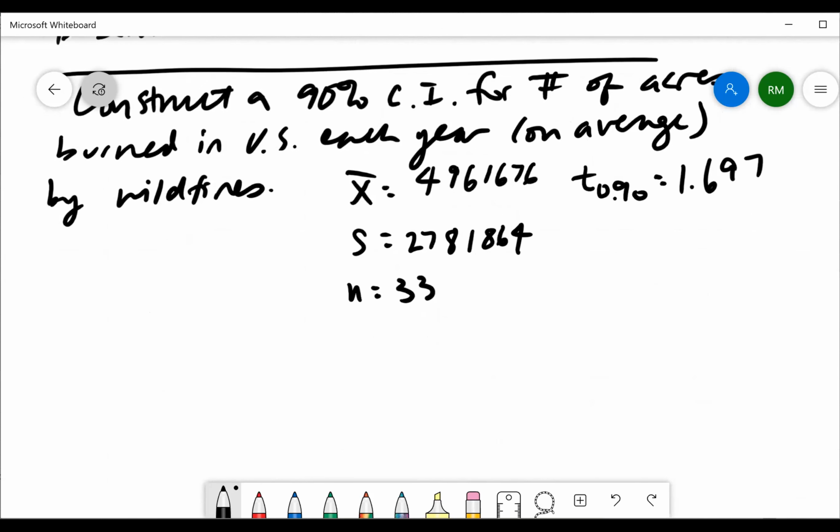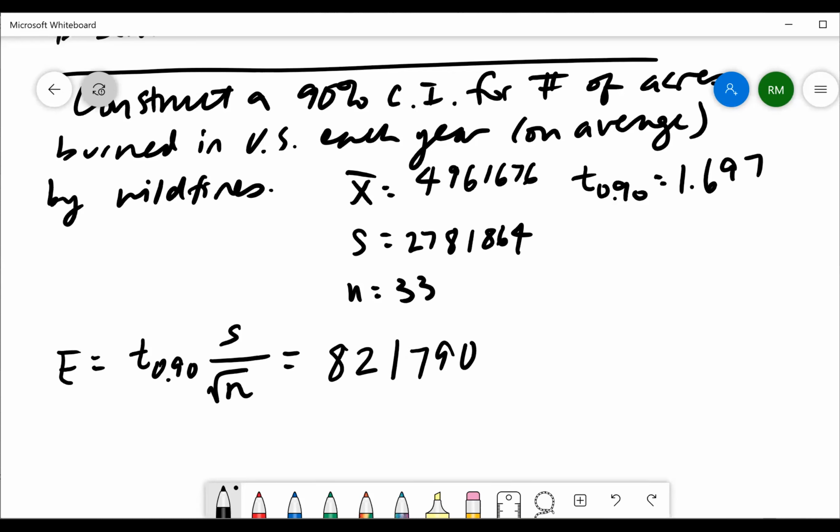So I want you guys to construct this 90% confidence interval. So pause the video and go ahead and work it, and then I will work it as well. All right, now that you've had a chance to do that, we find that the margin of error is t of 0.90 times s over the square root of n, which should come out to be about 821,790.